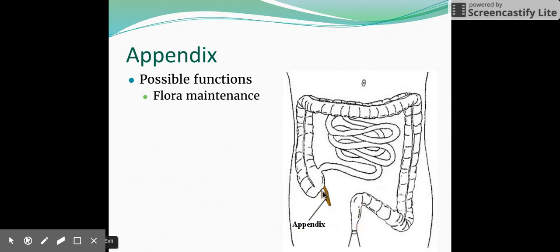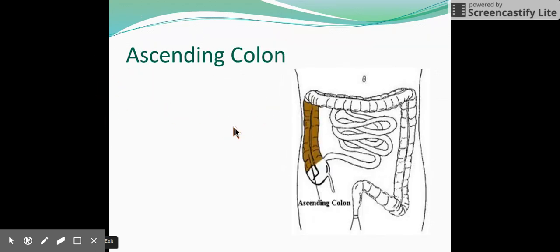It has little micro colonies of each of those, and they can repopulate your colon if you have really horrible diarrhea that wipes out your bacterial fauna. So that is a really important function, this flora maintenance.